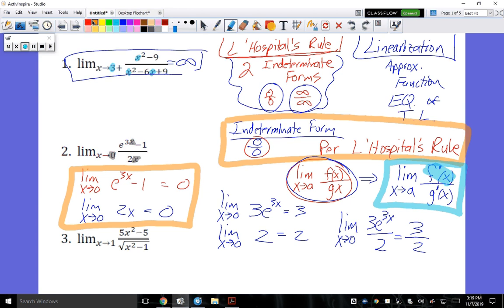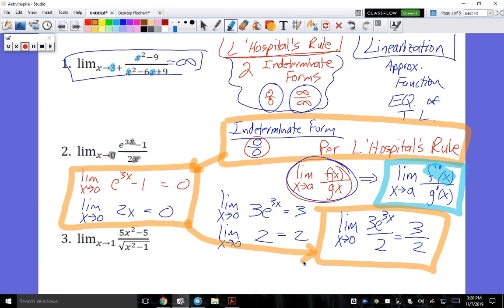Again, what I'm highlighting in orange is ultimately how I want you to write this work. I just showed you the intermediate pieces so you can see what's going on. You with me? So all of this, quickly we'll go to the answer of 3/2. Raise your hand if you got 3/2 for that one.